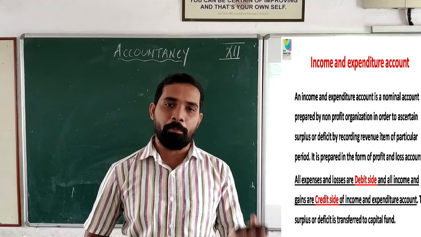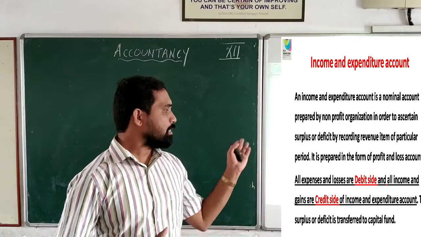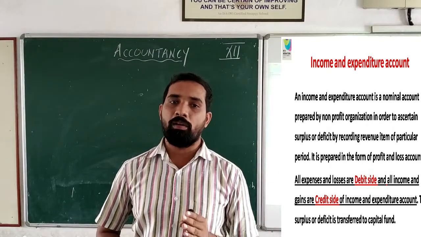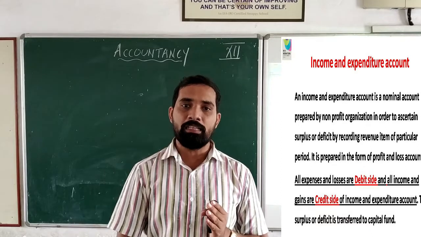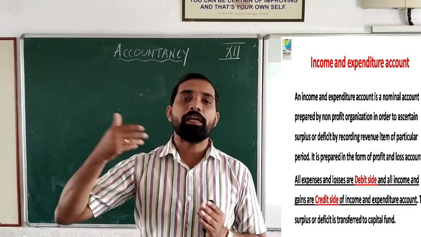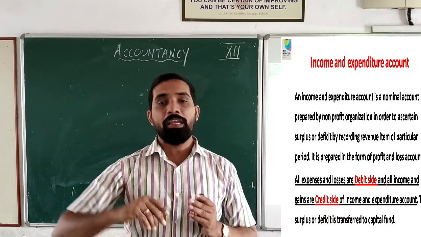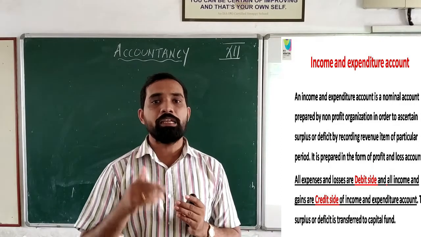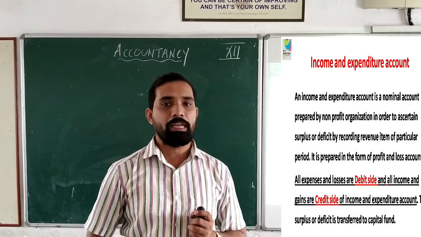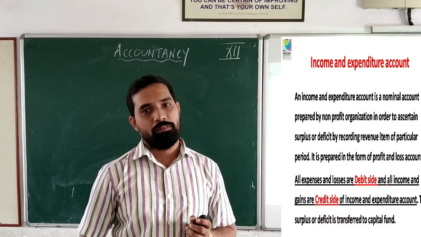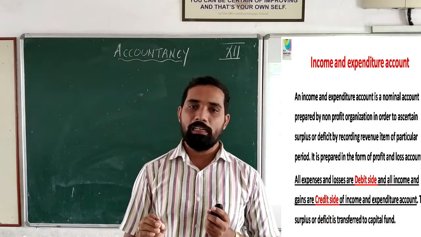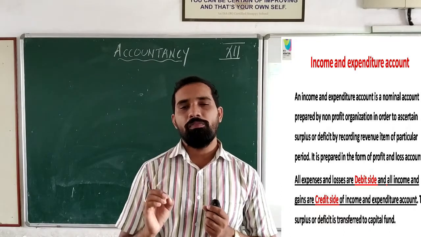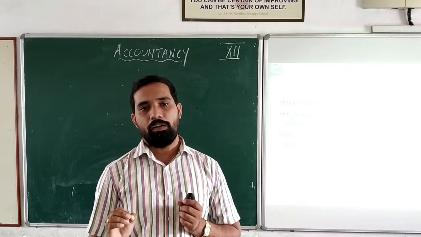If it is in surplus, it is transferred to capital account. That means it should be added to capital fund. And if it is in deficit, it should be deducted from capital fund. I hope all are clear on the meaning of income and expenditure account.